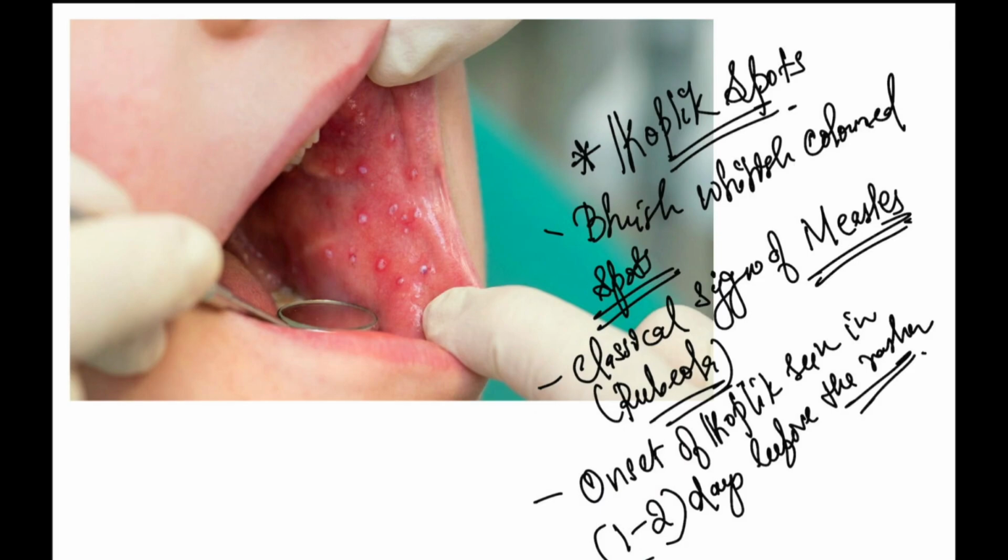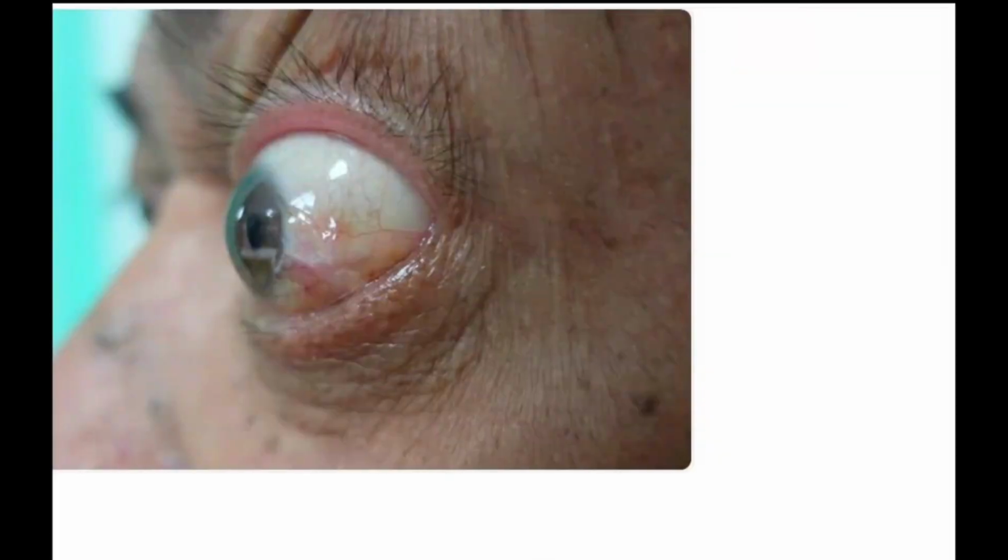Am I clear? Let's quickly summarize: this image depicts Koplik spots, bluish, purplish and whitish colored spots generally present in the buccal mucosa. This is an important classical feature of measles, also called rubeola, and Koplik spots are seen 1 to 2 days before the onset of the rashes. This is important. Moving on to the next.